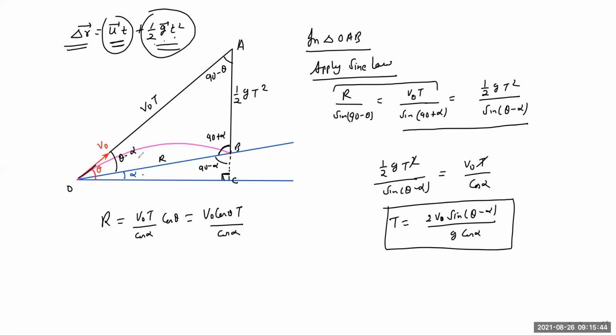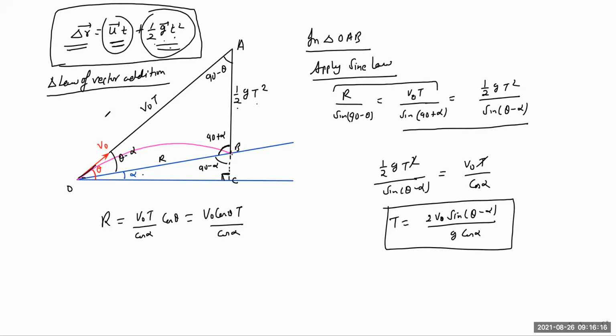So if the first vector is taking you to A, who must be bringing you down to B? It is half gt square. It is the second term which brings you here, and that's why the resultant displacement is OB, that is R. So what we are using is the triangle law of vector addition, if you remember. We have done this in the past also in vectors.